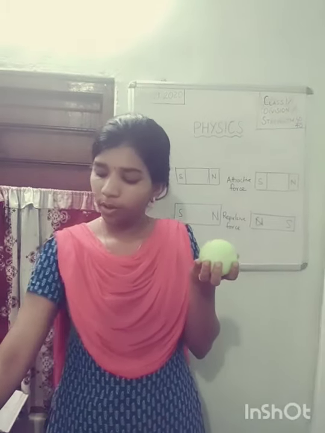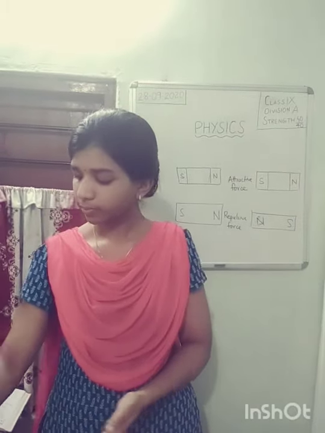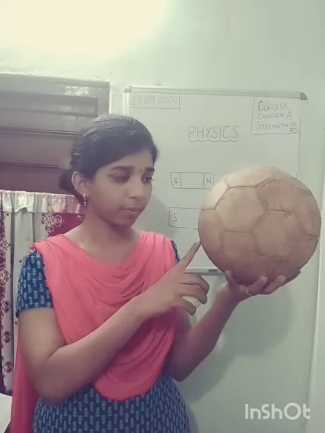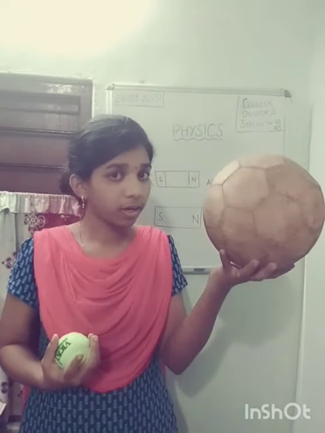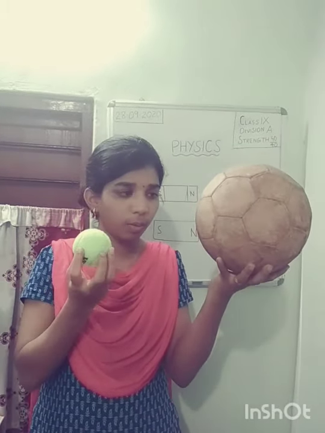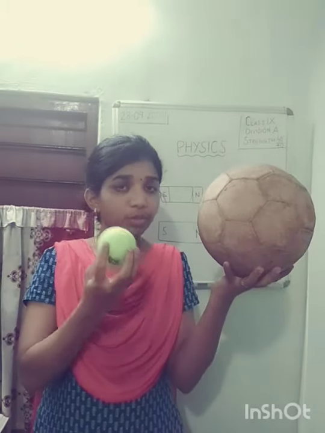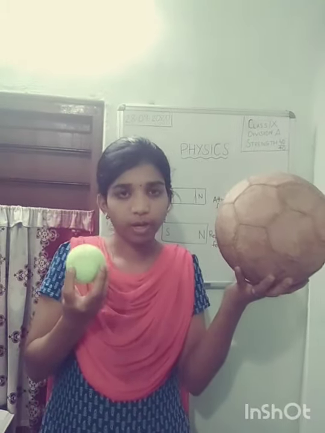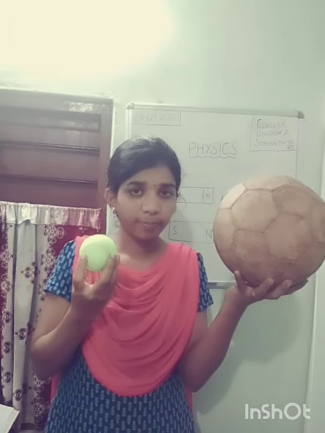Okay. Now, what about if I am taking this big ball and I am assuming this big ball as our earth? I am assuming the small ball as its satellite moon. So, this is our earth and this is its satellite moon. Is there any force between them?